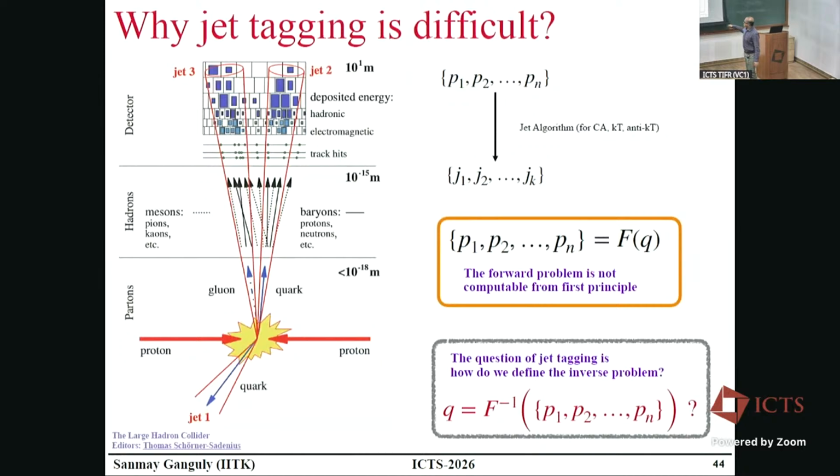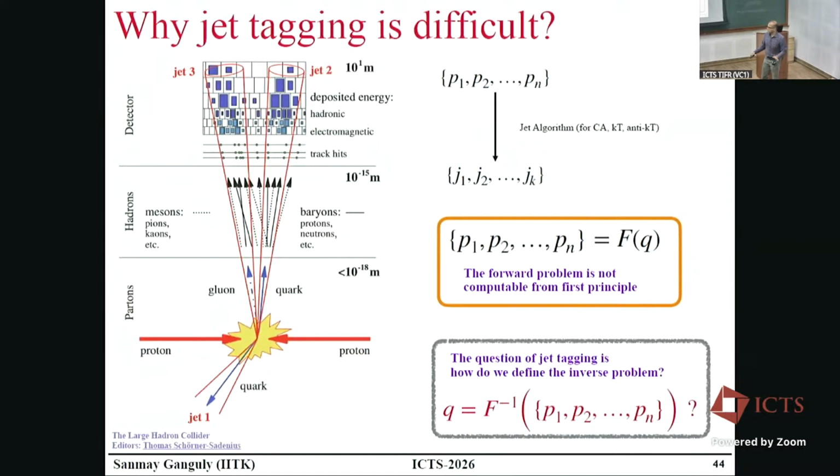Look, first of all, we cannot solve the forward problem. Why? Because even if we can solve part of this perturbatively, this is a part where hadronization happens. That's non-perturbative physics which we can't solve. Then how exactly a given 10 GeV pion will deposit energy inside the calorimeter is also a probabilistic statement.